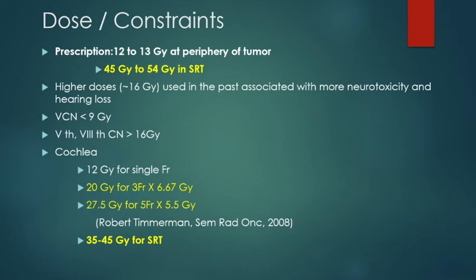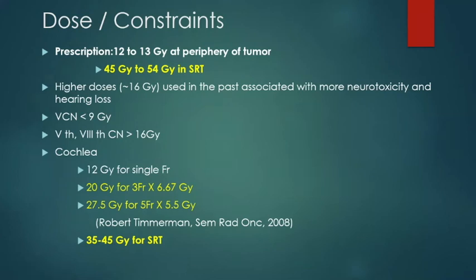But since my topic is SRT, I have tried to focus on the fact that 45 to 54 gray is a standard dose, and the cochlear dose variably should be limited within 35 to 45 gray. Some people have described 35, some people have described 45 gray, depending on how much hearing loss you want to accept as a cutoff.